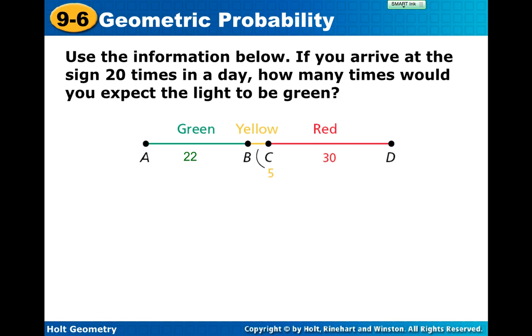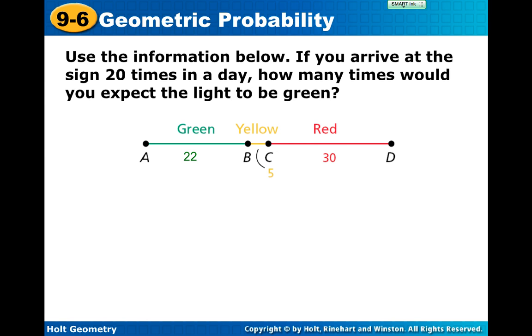If you arrive at the sign 20 times in a day, how many times would you expect the light to be green? This is one like I set up just a little bit ago. Cross multiply. So how many times out of 20 would it be green? You'll have to figure out what your probability of green is. So this is the probability of green, but I don't know how many times out of 20.